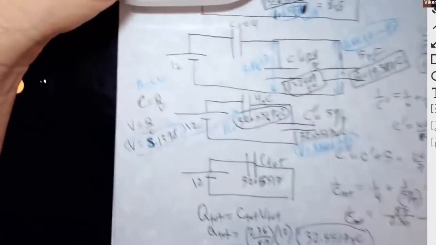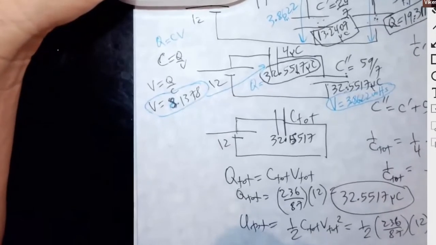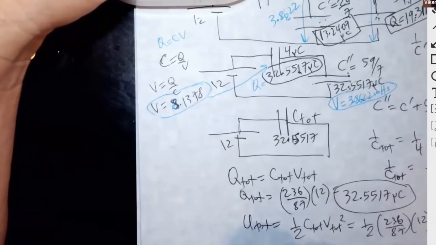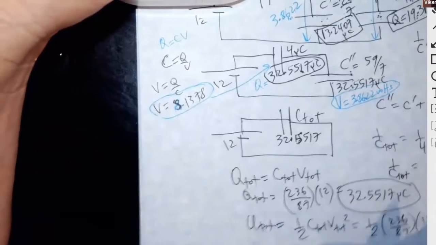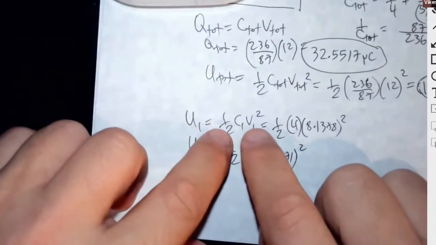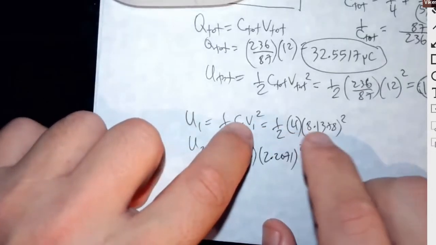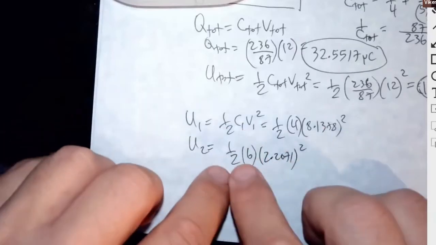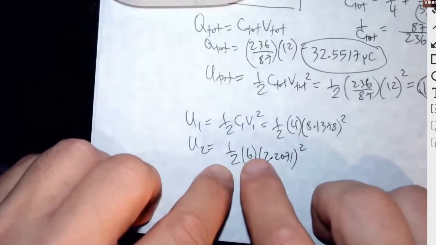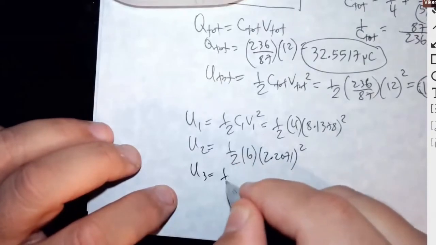Potential energy of the second one, half. So what then is C2? 6 microfarads. What is its voltage? 2.2071 squared. Okay, so I'm just taking this version of the equation, half C1 V1 squared. C1 is 4, and then its voltage is that. Then the C2 is 6, its voltage is that. What's C3?